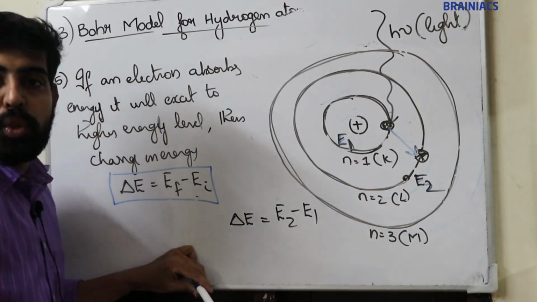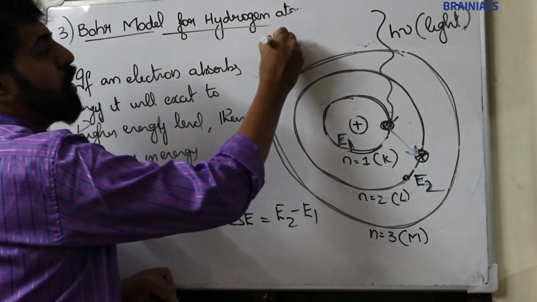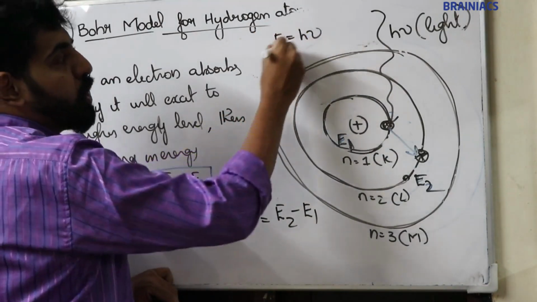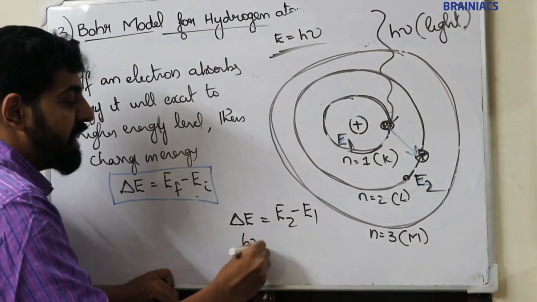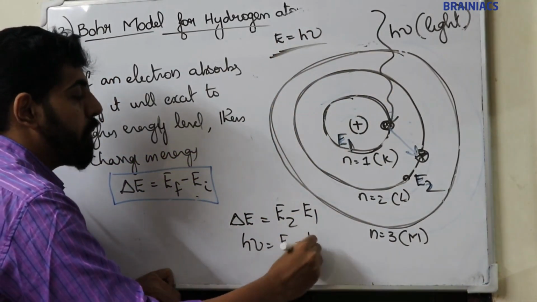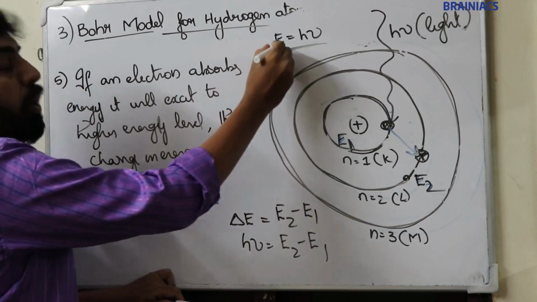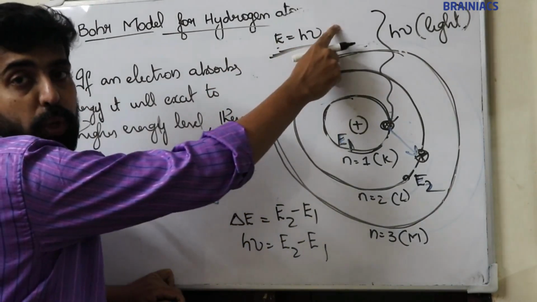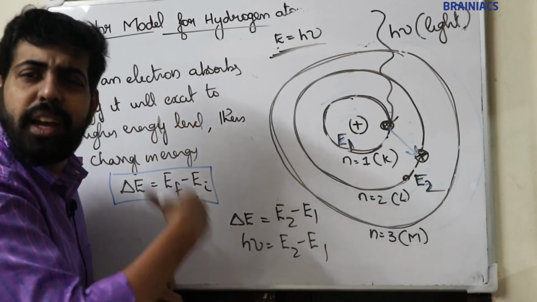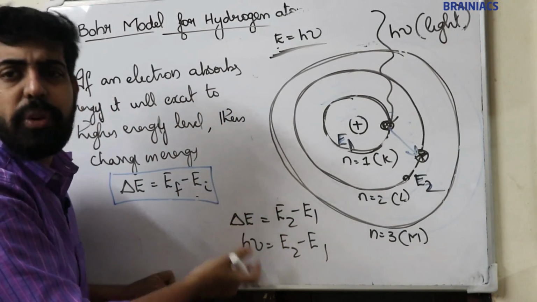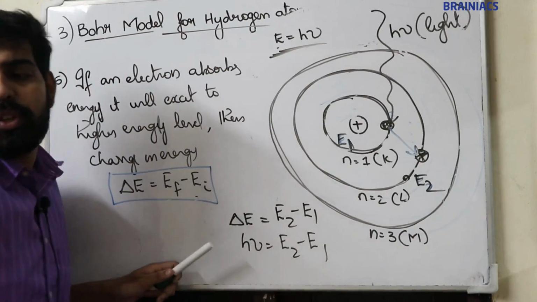Delta E is equal to E2 minus E1. What is delta E? According to Planck's quantum theory, E is equal to h nu, right? So you can write here h nu is equal to E2 minus E1, because according to Planck's quantum theory, E is equal to h nu. So instead of delta E, for E you can write h nu. So h nu is equal to E2 minus E1.